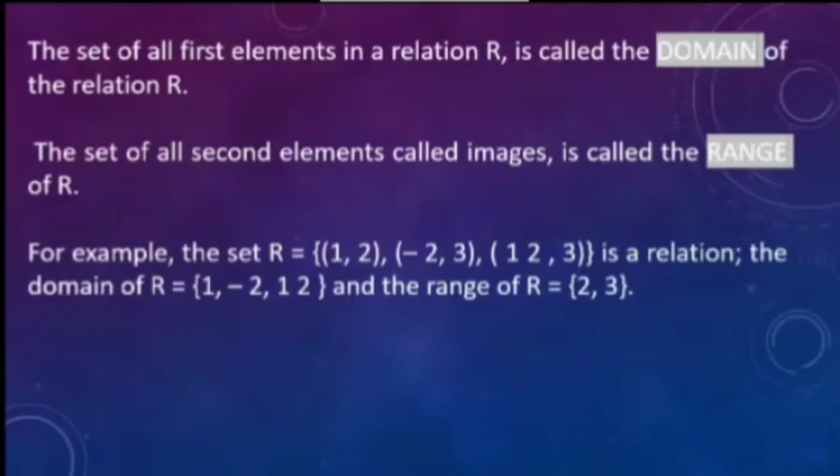Then the domain is all the first elements of the ordered pairs, that is 1, -2 and 12, and the range is the second elements of the ordered pairs, that is 2, 3 and again 3.